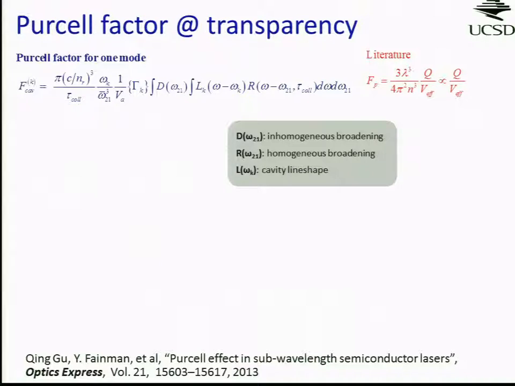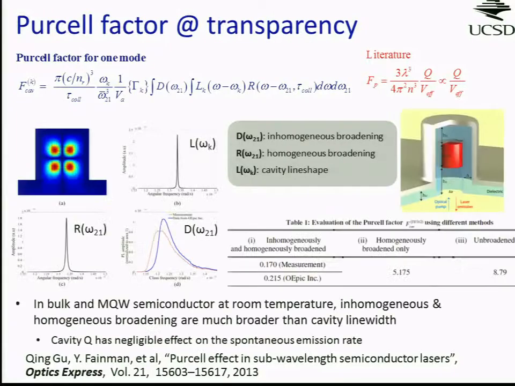This is a good relation for solid-state lasers, where the absorption can be assumed to be minimal. In semiconductor lasers, the absorption is dominant before transparency. And at transparency even, that's the equation you are getting. So it's probably not appropriate always to use this expression.